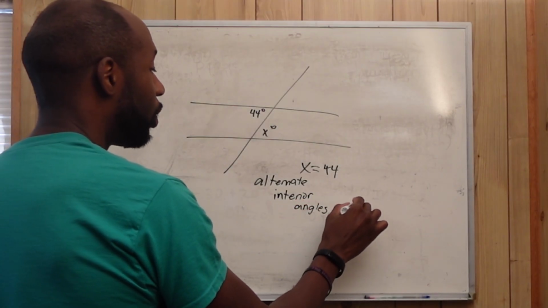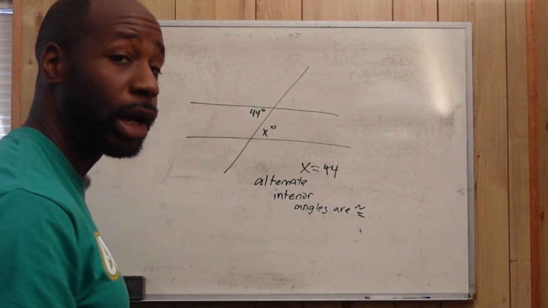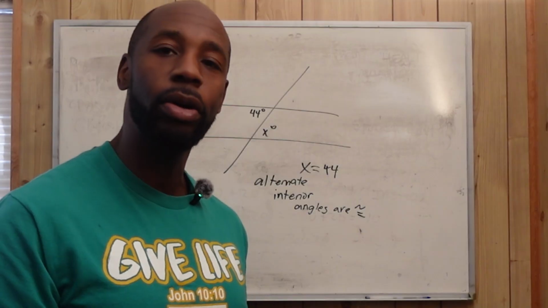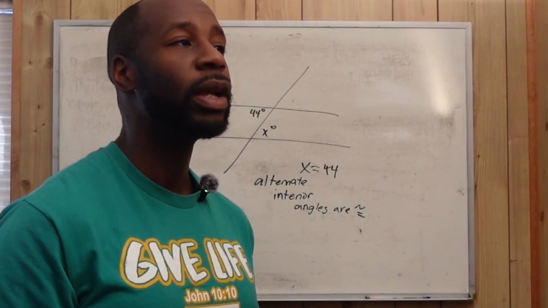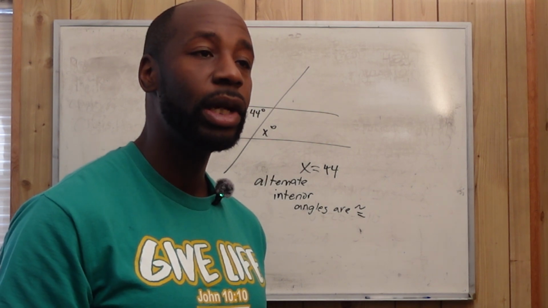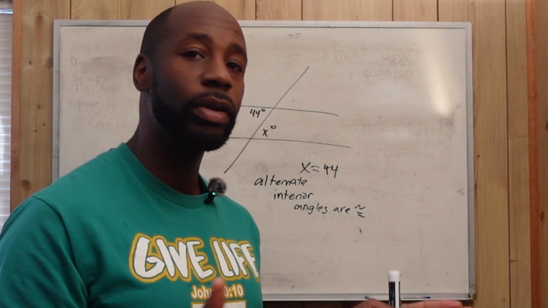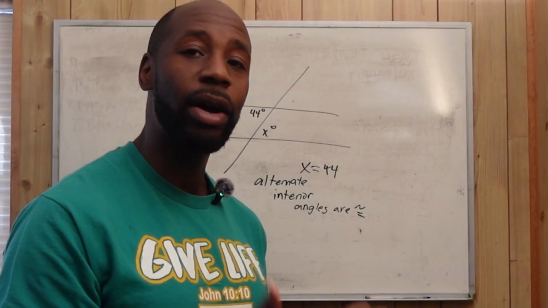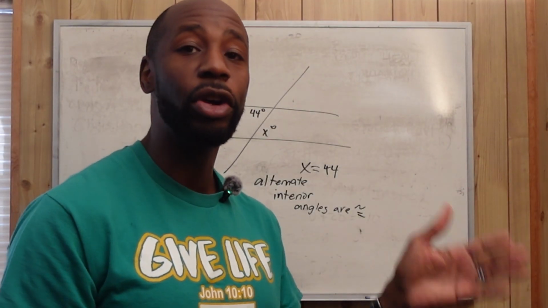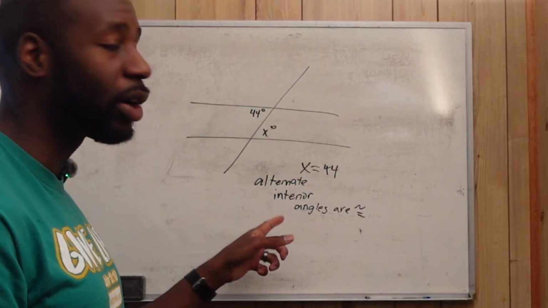And alternate interior angles are congruent. They always are, period. Once you understand that, then you're like, oh, okay, now I'm actually good. Versus feeling like you can't show that you don't understand, and therefore perpetuating a learning gap. Now, next year or the year after that, you're hurting because you didn't get that question answered.